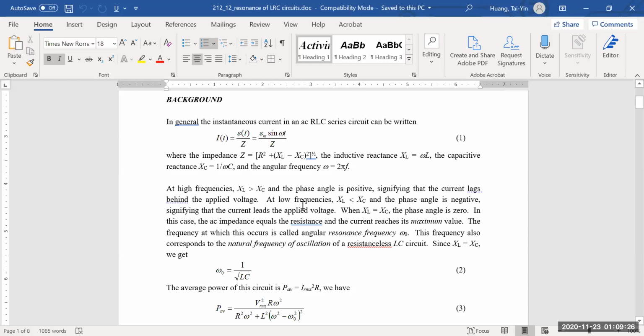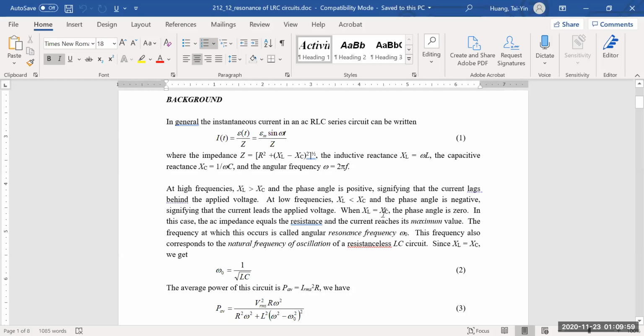So when XL equals XC, Z is equal to R, and your I is a maximum value. Under this condition, we say that the circuit is in resonance. Because those two quantities are frequency dependent, there's one frequency that will make XL equal XC.